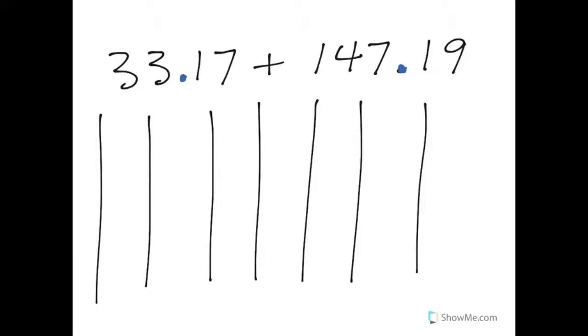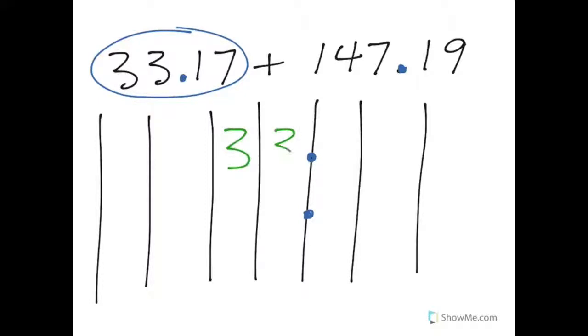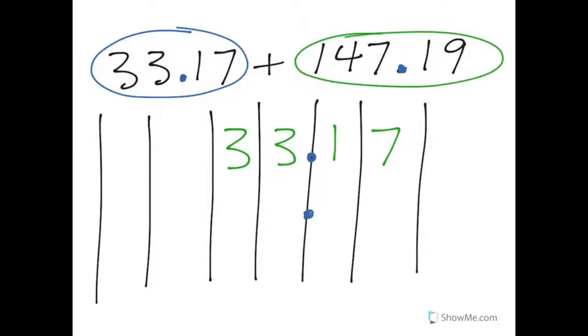And then, when I line up the problem, I'm going to go ahead and write down my decimal points first on the same line. I'm going to rewrite 33 and 1700ths, and to that, I'm going to add 147 and 1900ths.